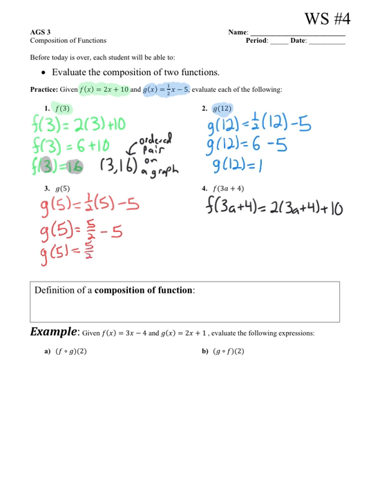And I want to rewrite 5 halves as 10 halves. So it's the same number, but with a common denominator.